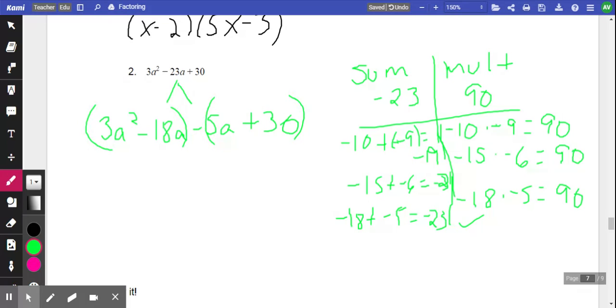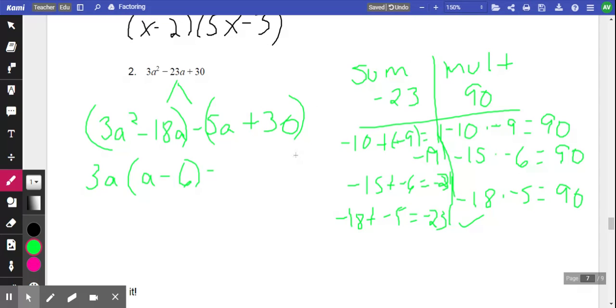So we'll do GCF between 3a squared and negative 18a, which is 3a. 3a squared divided by 3a is just a, or 1a if you prefer. Negative 18a divided by 3a is negative 6. On this side, again, when there's a minus here, we just keep the minus.